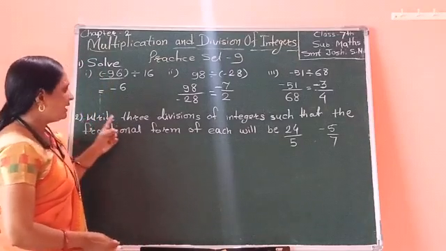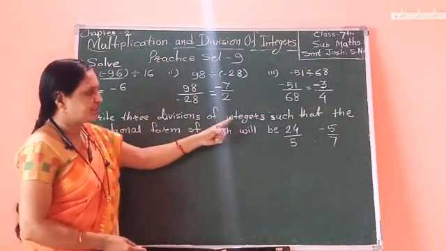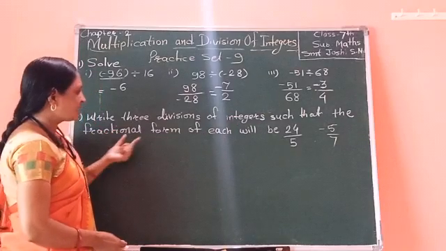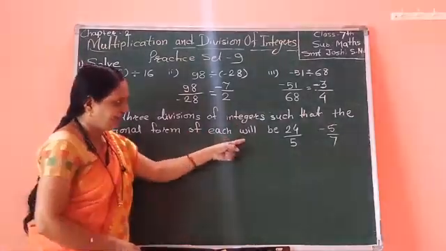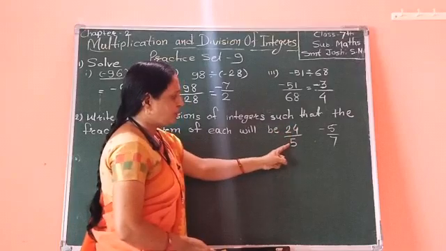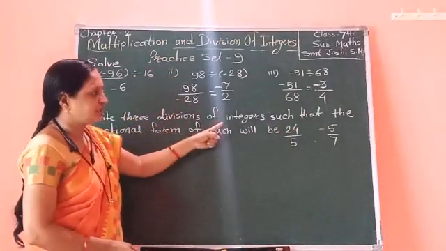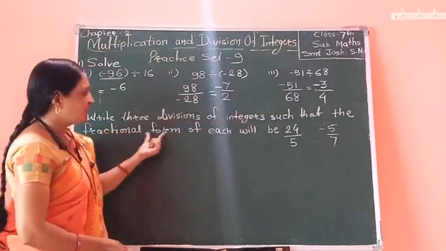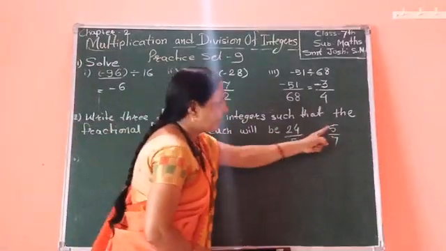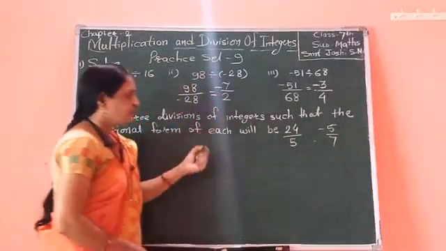Second question, write 3 divisions of integers such that the fractional form of each will be 24/5. And the third question is write 3 divisions of integers such that the fractional form of each will be -5/7.